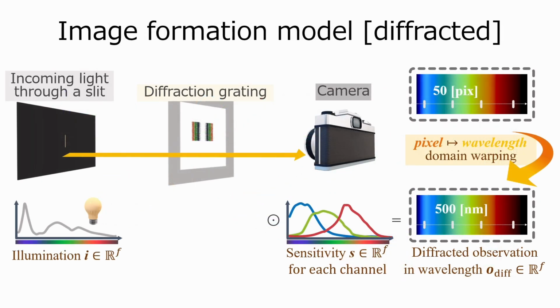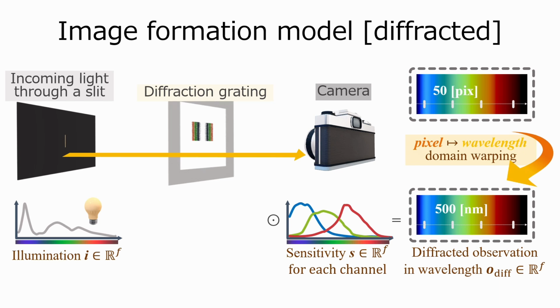Ideally, under diffracted light, the image formation model can be expressed as the element-wise product of the incoming light spectrum, or illumination, and the camera's spectral sensitivity. Here, strictly speaking, it is necessary to consider the correspondence between each pixel and wavelength in diffracted observations, since we know the light is spatially dispersed, but we don't know which pixel corresponds to which wavelength component in the diffracted light observations.